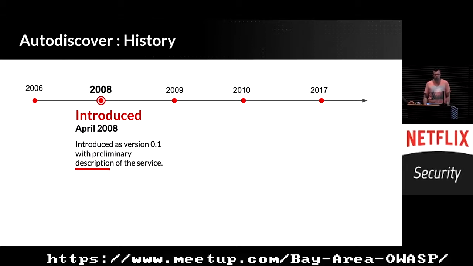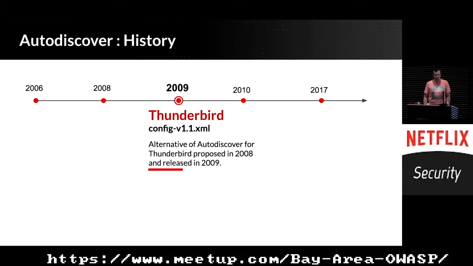At that time, the first documented protocol was released as version 0.1. In 2009, Thunderbird decided to follow Microsoft and also delivered the same functionality, which also helps users configure their email address in an easier way.